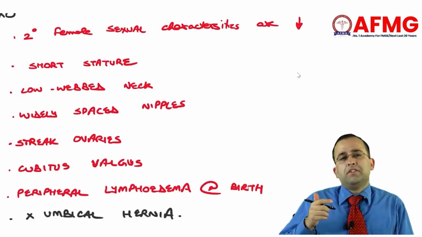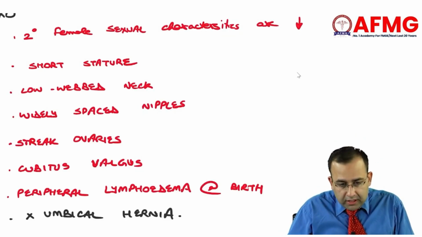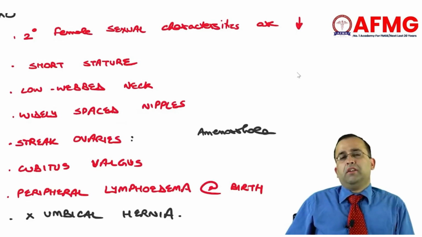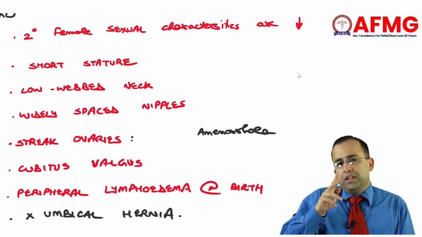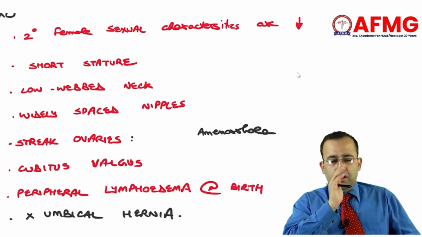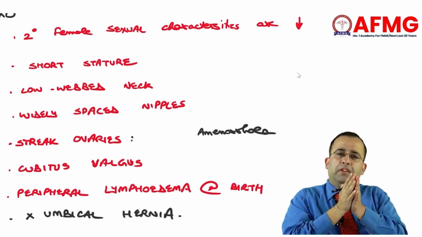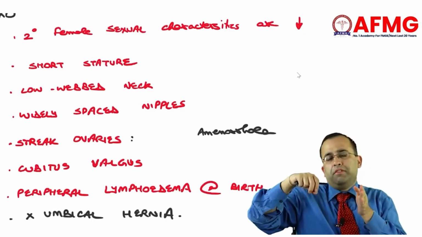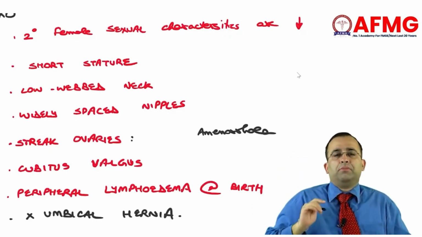The female patient is suffering from amenorrhea. There are streak ovaries. Amenorrhea means she is not bleeding. Is it primary or secondary amenorrhea? Primary amenorrhea means the girl has never bled, versus secondary amenorrhea, which means she was bleeding and now she has stopped.